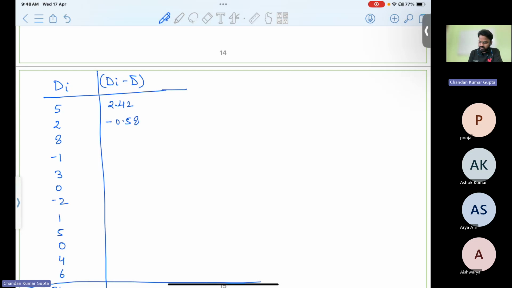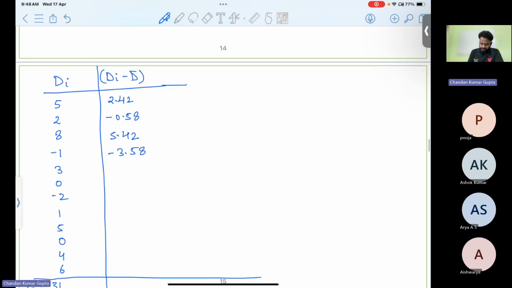So for 5 it comes out to be 2.42, then minus 0.58, 5.42, minus 3.58, sorry, 3.58, 0.42, minus 2.58, minus 4.58, minus 1.58, 2.42, minus 2.58, minus 1.42 and 3.42.